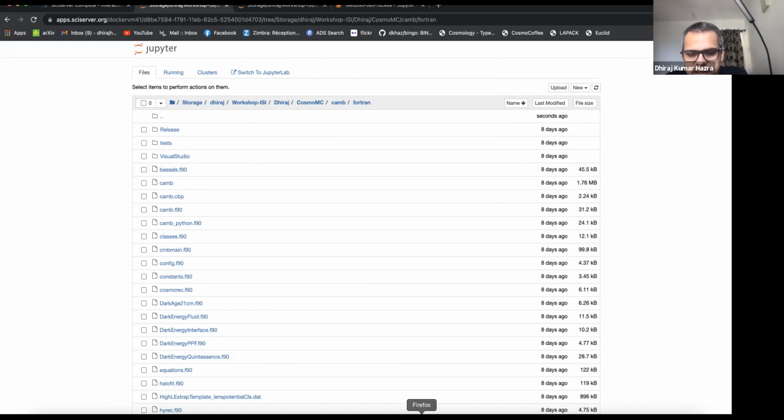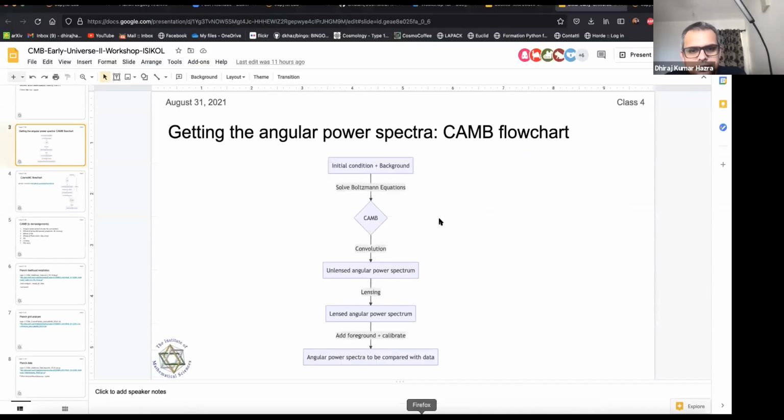Now, let's see the flowchart. The flowchart is saying how the angular power spectrum is computed. So, initial condition: you remember I had written that Cl can be computed by a convolution integral between the power spectrum and the transfer function.